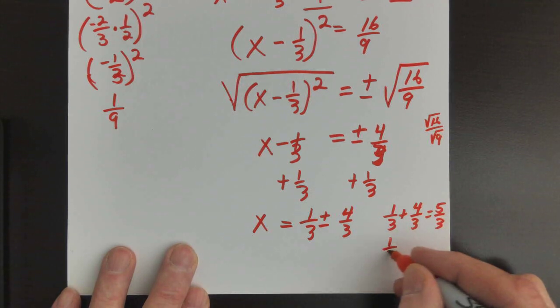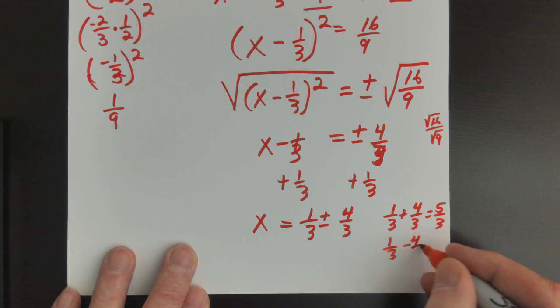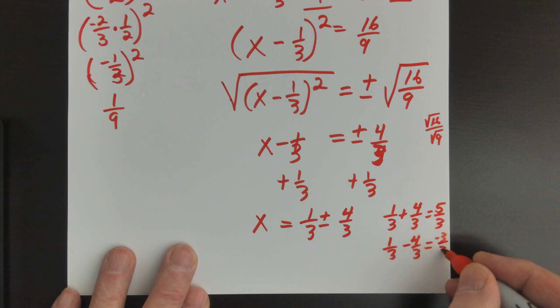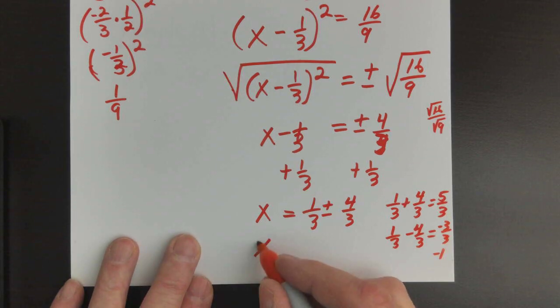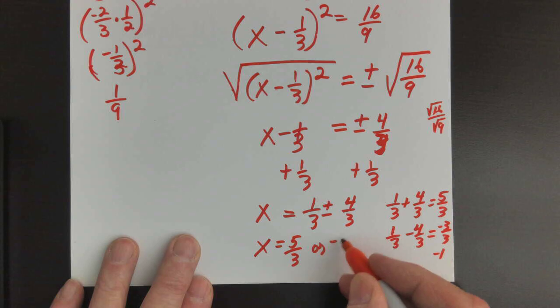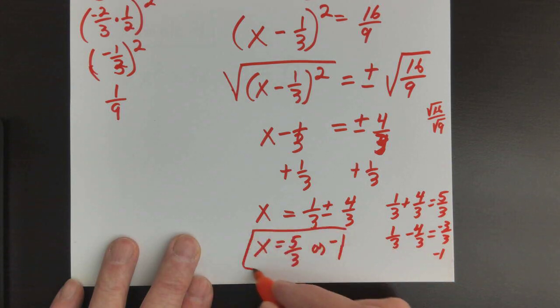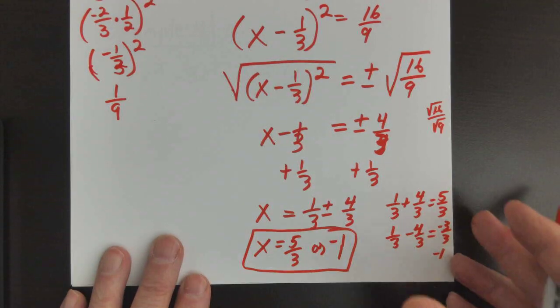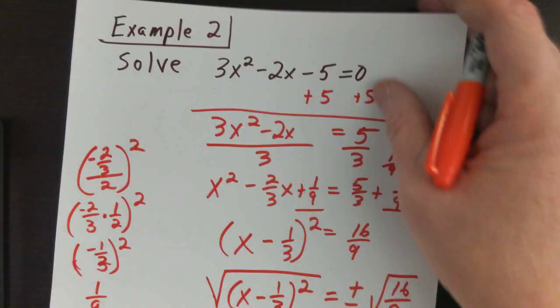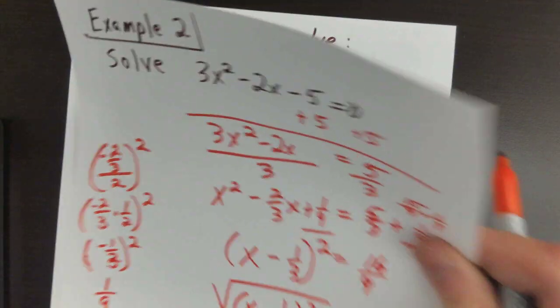And I'm going to take 1/3 minus 4/3 and get negative 3/3, or negative 1. So x equals 5/3 or negative 1. My solution's there. Okay, that's example 2.